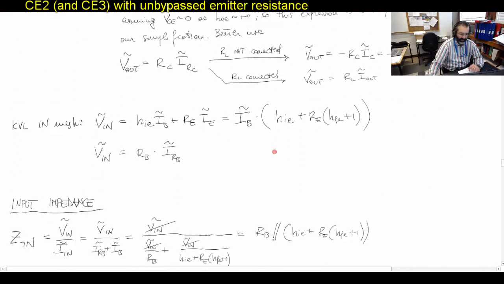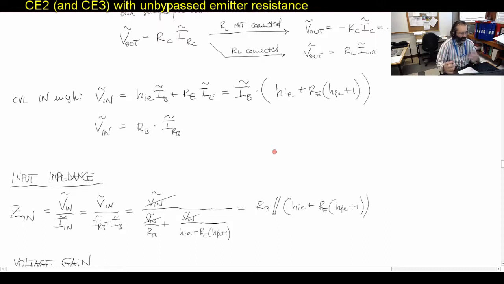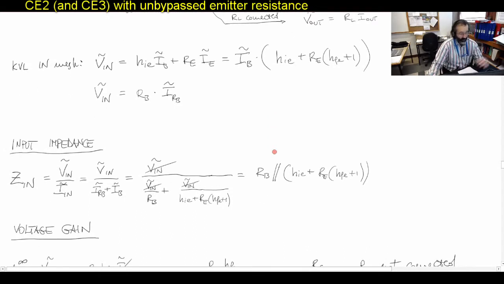So the final result, if you do the analysis, is the following. I will try to highlight the differences with the corresponding results when CE was in, and so RE was shorted to ground effectively in the AC analysis.